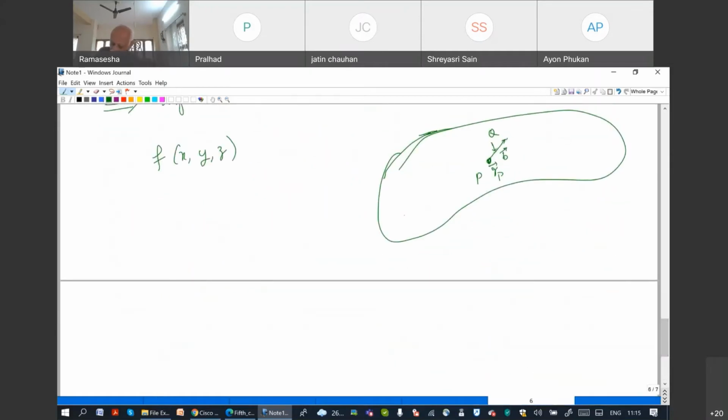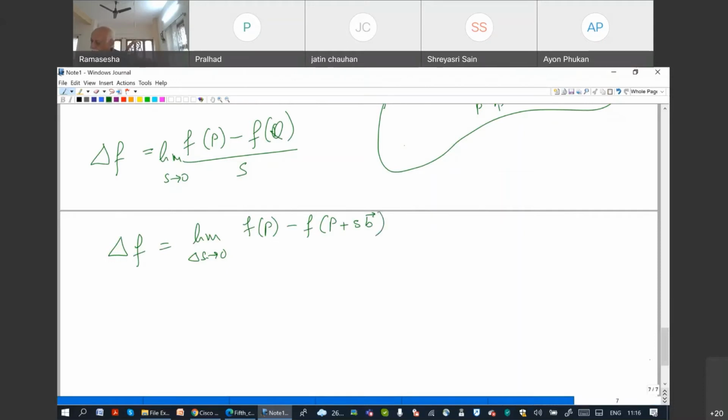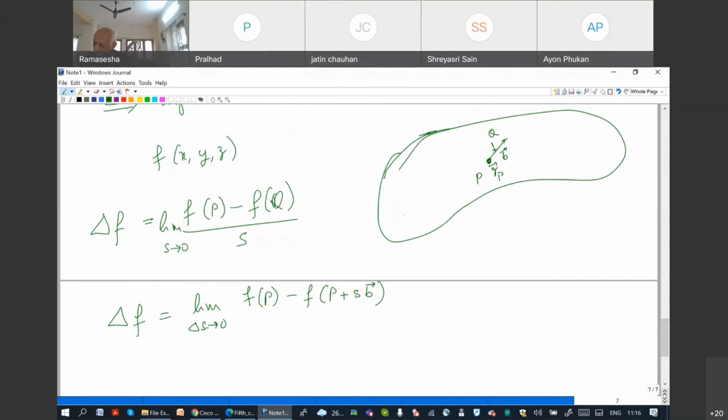That is, I have to find out delta F is equal to F at P minus F at Q divided by the length of the arc delta S. So delta F is equal to the limit as delta S tends to 0 of F of P minus F of P plus S times B. Let me not call it delta S, let me call it S. So what I'm doing here is that I take this point P and I move along the straight line.